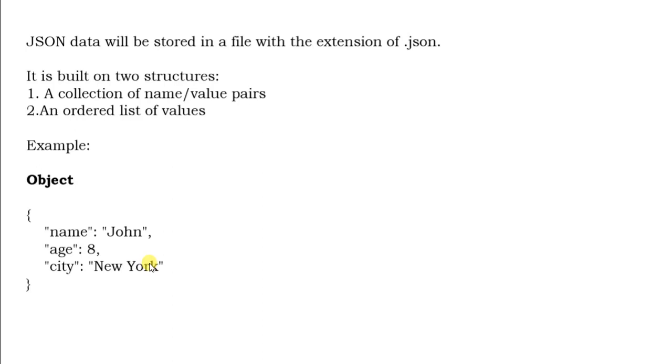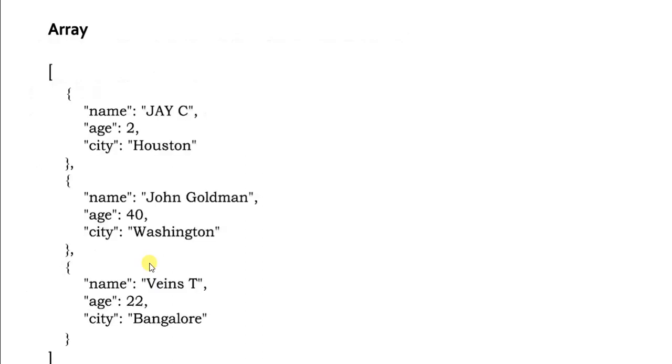Let us see an ordered list of values. An ordered list of values is also known as an array. So this is how an array can be represented. It starts with the square bracket, and we will see that structure later when we write this JSON.